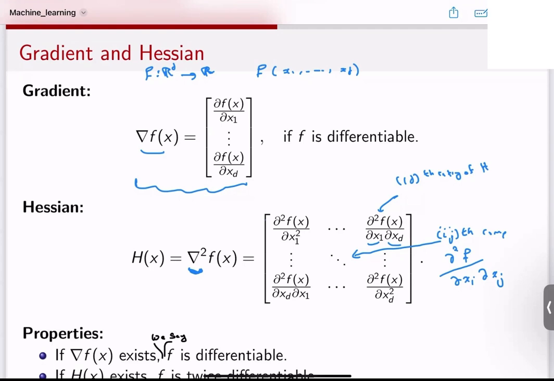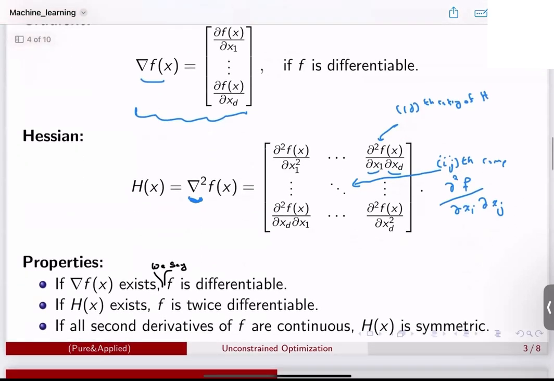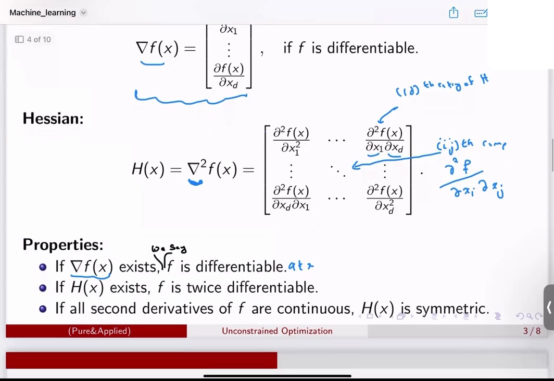Okay. So, just a bit of terminology here. If the gradient exists, we say that the function f is differentiable at x. If it exists everywhere, we'd just say it's differentiable. If the Hessian exists, we say that the function is twice differentiable, just the usual notation from calc.